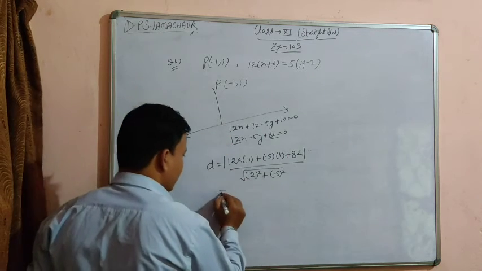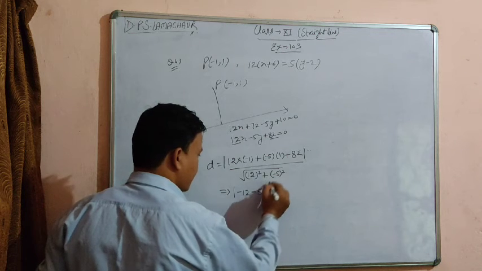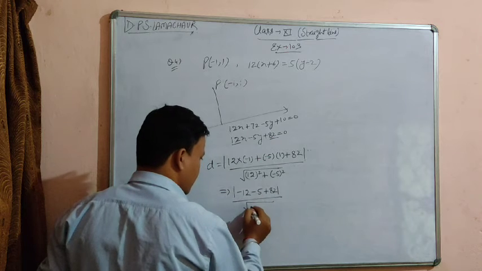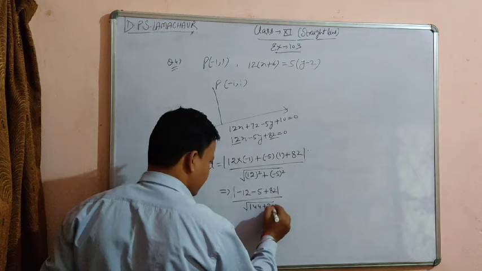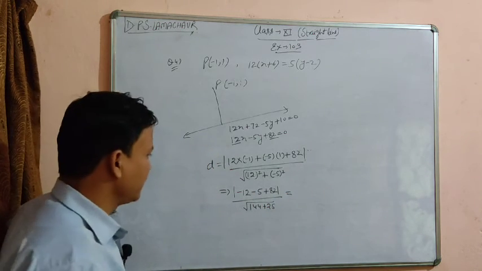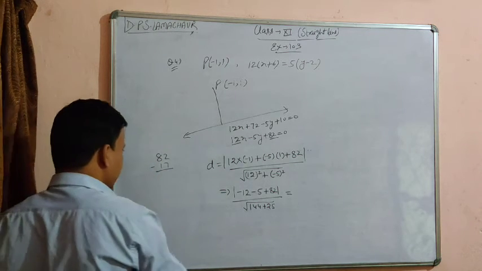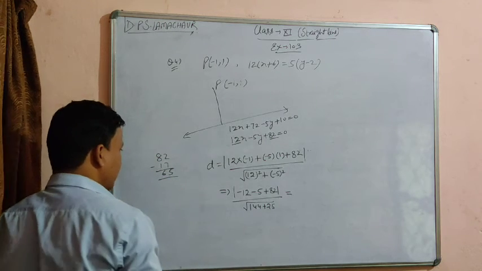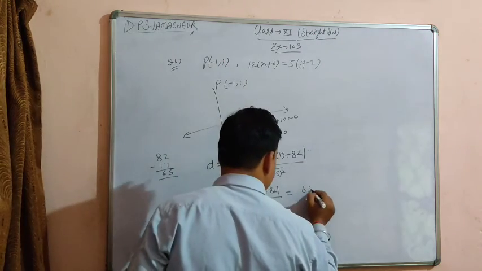Now we have to solve it. So what we get here is minus 12 and minus 5 plus 82, upon root of the square of 12, which is 144, and the square of 5, which is 25. So minus 12 minus 5 is minus 17, and 82 minus 17 gives 65.